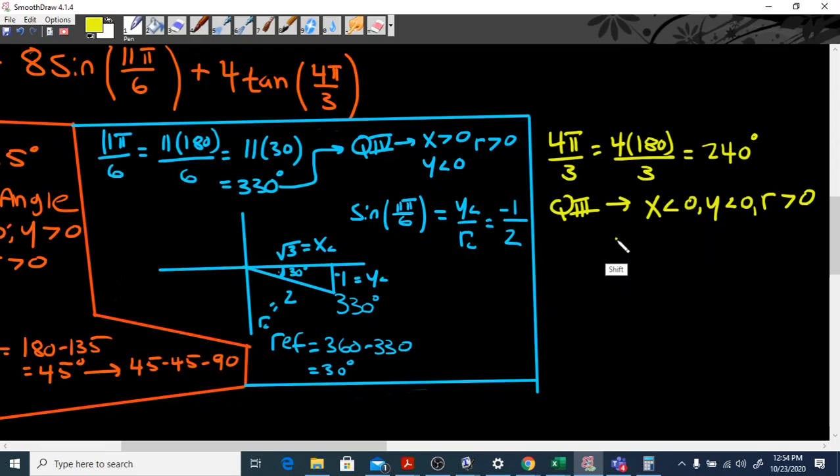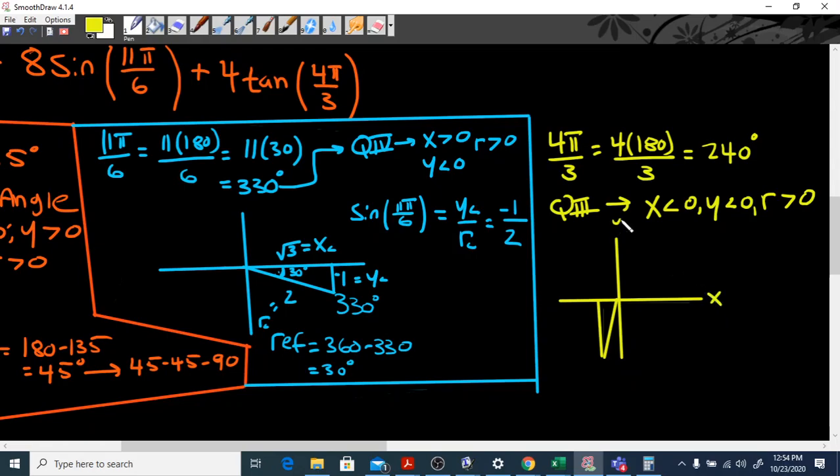All right, now let's sketch our angle. 240 degrees. Okay, here's 180. 240 is going to be just 30 away from 270. Okay, so there we go. There's our 240 degree angle. And now if I draw my little side perpendicular to the x-axis there.